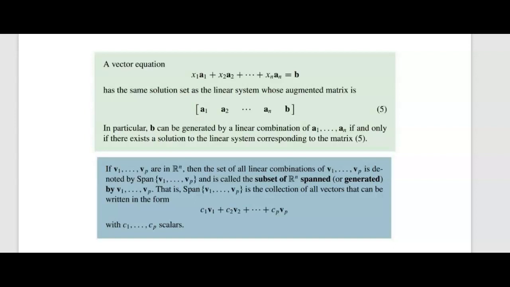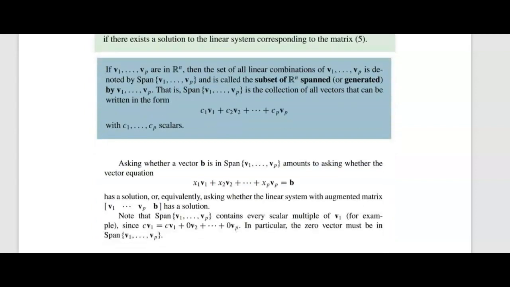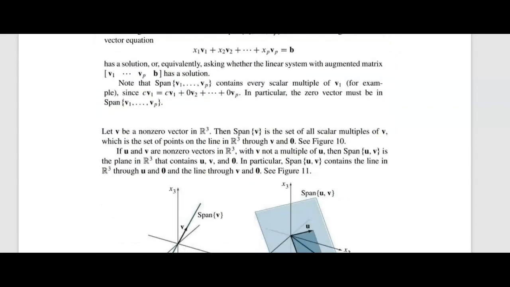Now, the other thing that we say is that if you have a collection of vectors, we want to talk about the span. The span is the collection of all vectors, all linear combinations, if you will, of this space. And I personally think the graph down here helps us understand the most.